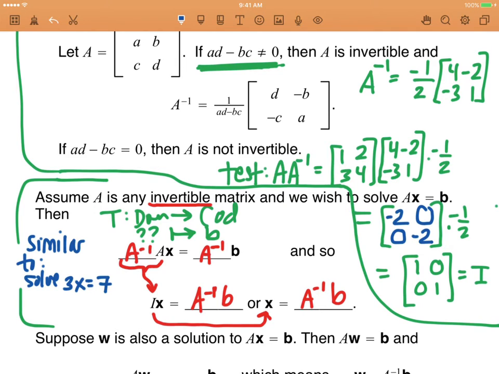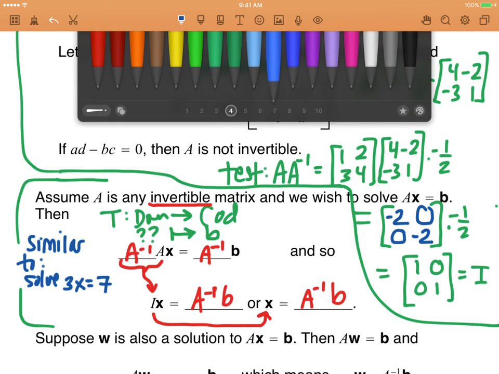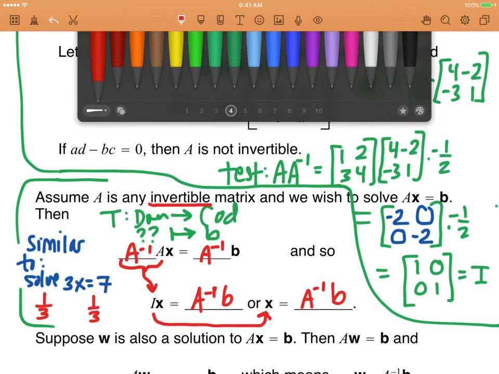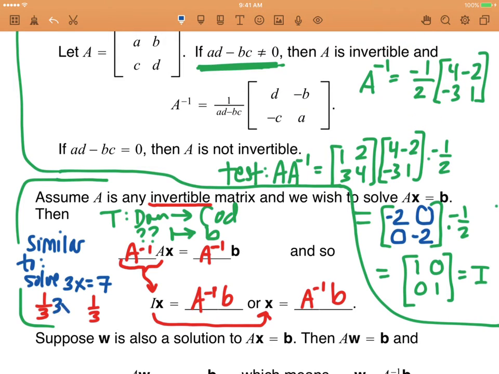So that's the same thing as, using the red here to match, if I multiply both sides by 1/3 times 3x equals 1/3 times 7. That's really the same thing as dividing both sides by 3.